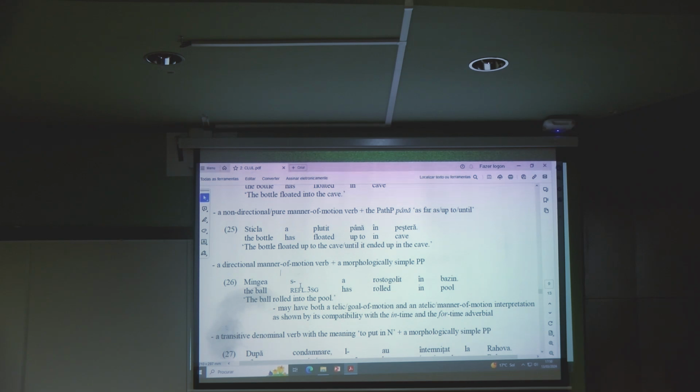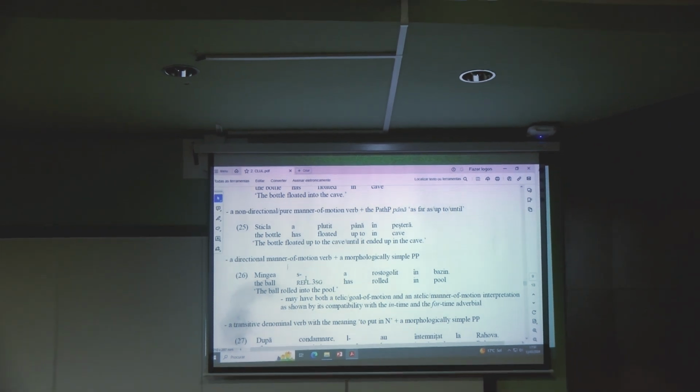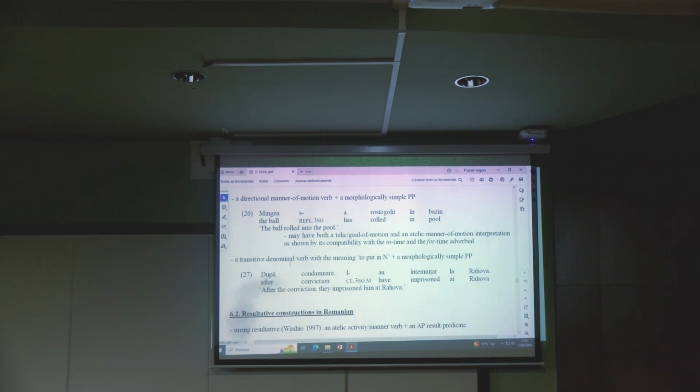They are not counterexamples to the generalization which says that Romanian is a verb-framed language. Last but not least, we also have transitive denominal verbs with the meaning to put in n, where n is the nominal the verb is derived from, and then combined with a morphologically simple PP. L-au întemnițat la Rahova, they imprisoned him at Rahova.